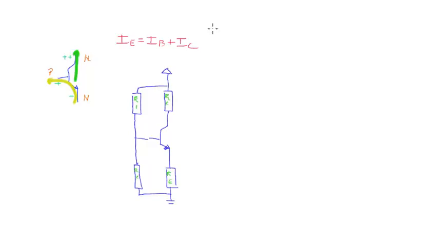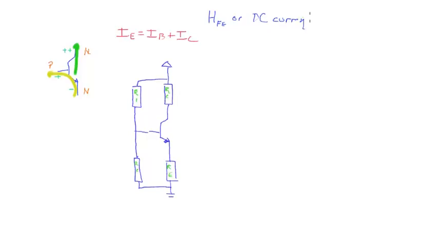That term is called forward current gain. On most data sheets you'll see something like this: HFE, forward current gain, or DC current gain.